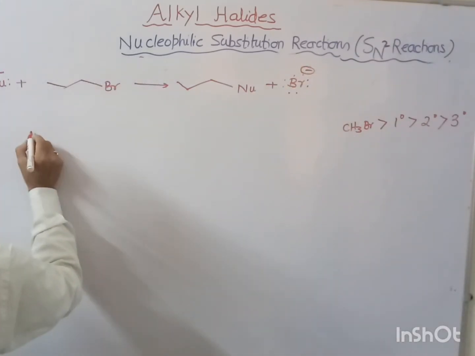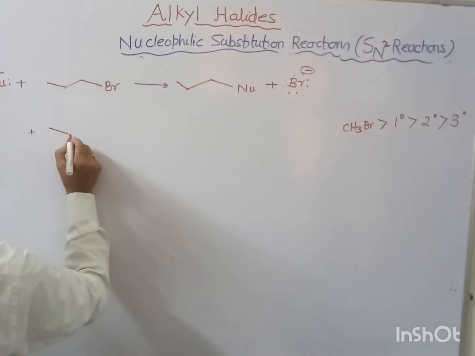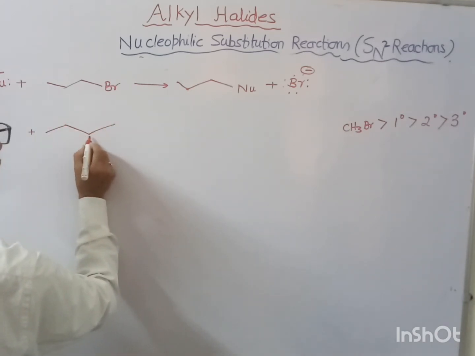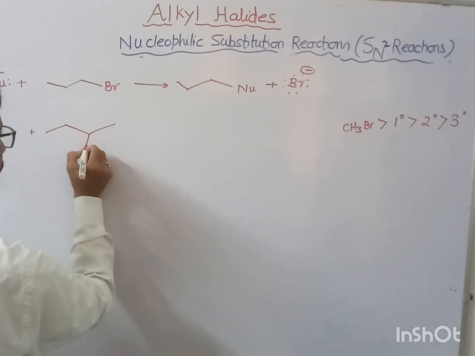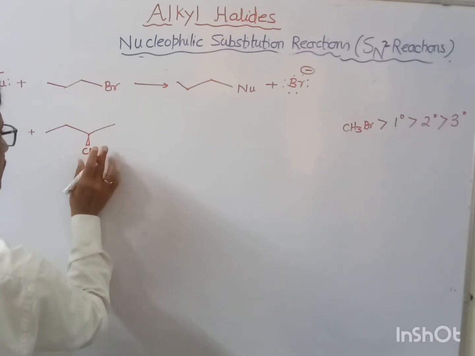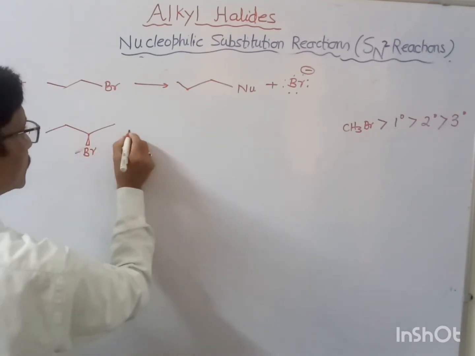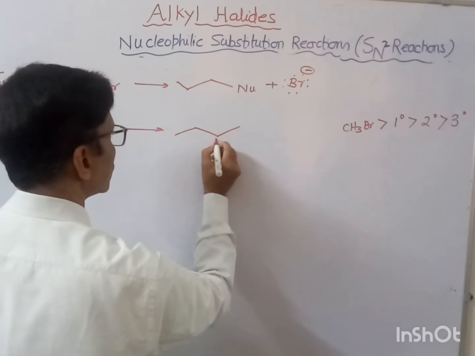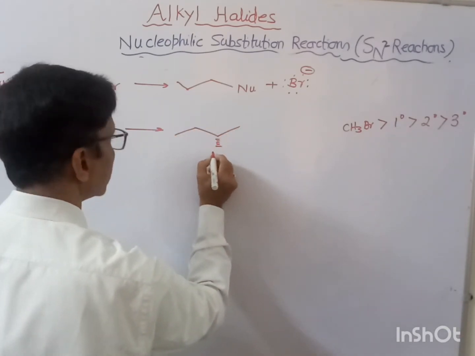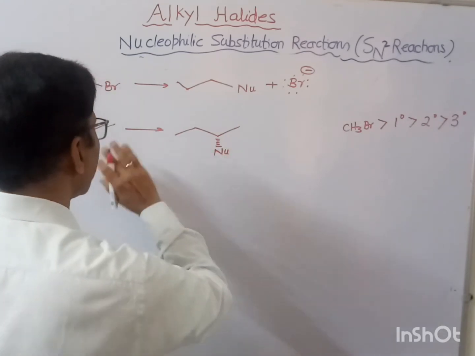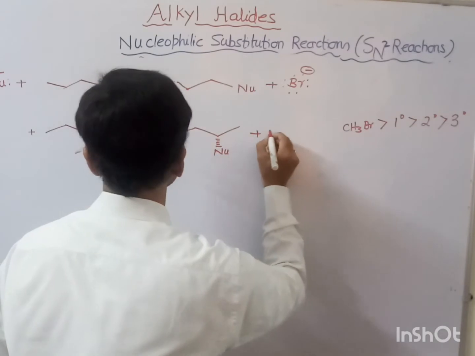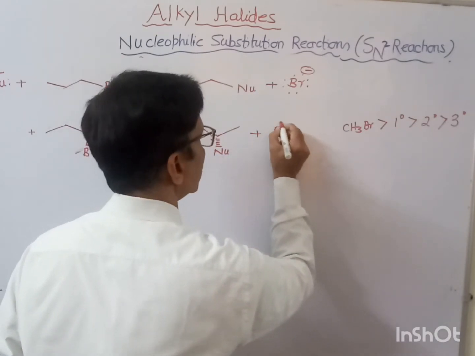In the same way, if I take the secondary alkyl halide, then the substitution product that we are getting will be the inversion product. So after substitution, the nucleophile will give you the inversion product, and again this bromide ion will leave.